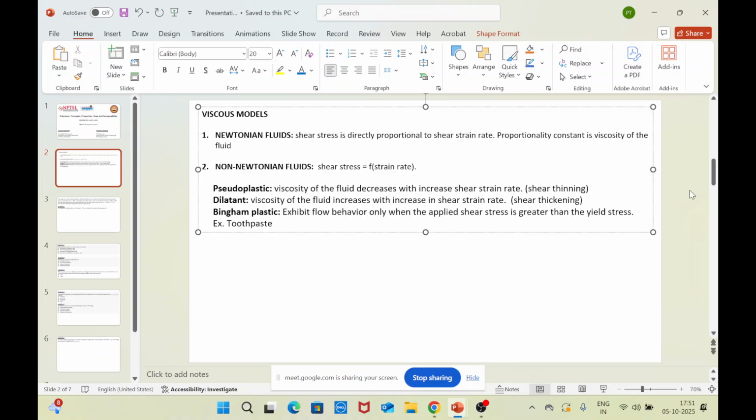Only when a stress exceeding a particular value is applied does the paste actually come out of the tube. It's not just toothpaste, but any other kind that exhibits such behavior, like your face wash or anything that typically comes out of a tube only after you apply an increased stress that goes past the yield stress value. Those kinds of systems are usually termed Bingham plastic.